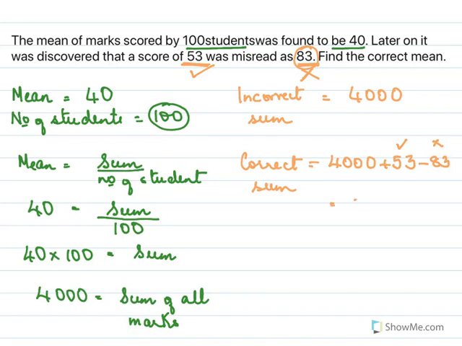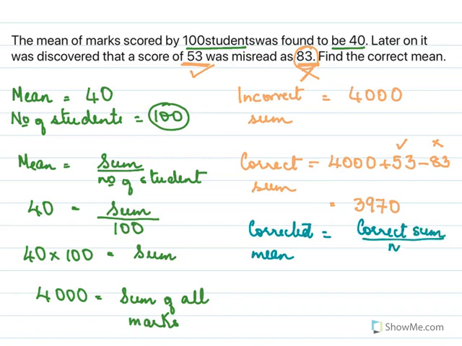So the correct total now is 3970, and the corrected mean will be the correct sum over the number of observations. N we will put as the number of observations. The correct sum is here 3970, and the number of observations we know were 100.